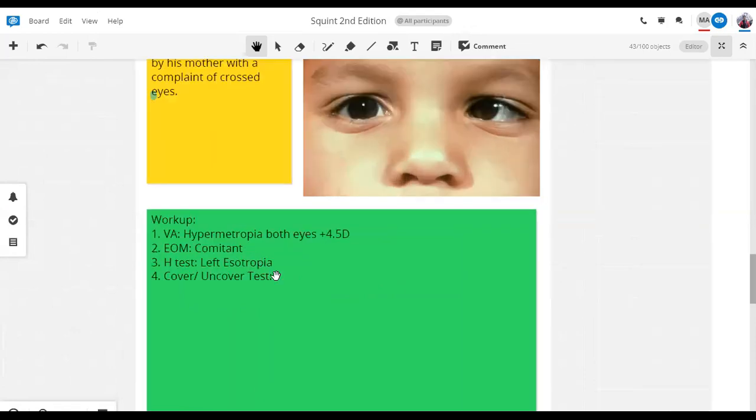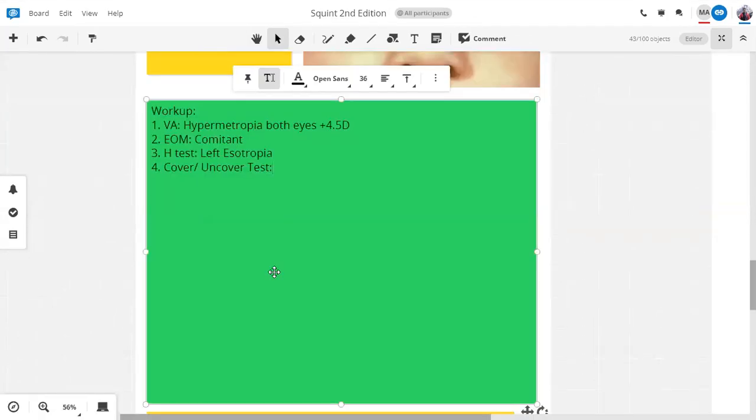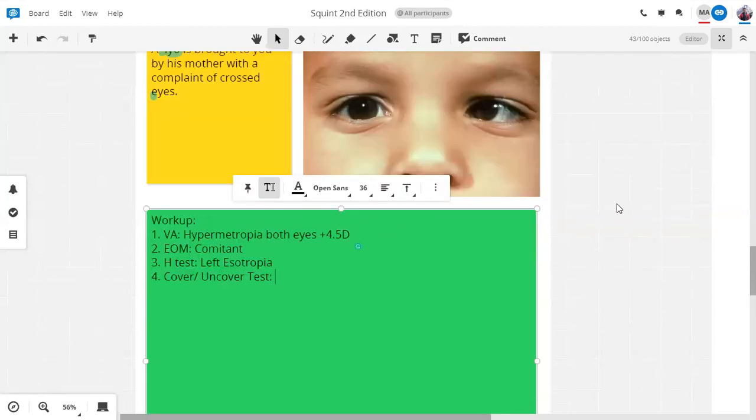So our findings on Hershberg's test, they can be augmented, they can be rejected, or they can be confirmed by cover and cover test. So cover and cover test tells us that this is a uniocular squint, alternating नहीं है. It's uniocular, and it's left esotropia. मैं उन 4 possibilities पे भी नहीं जा रहा क्योंकि वो हम उनको भी आगे डिस्कस करते हैं.